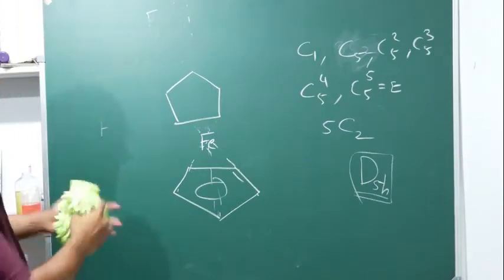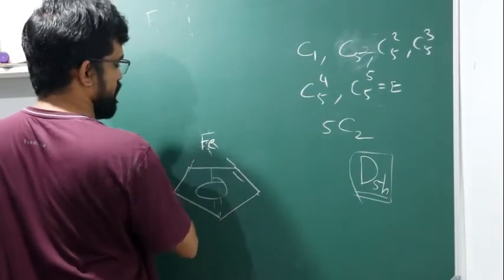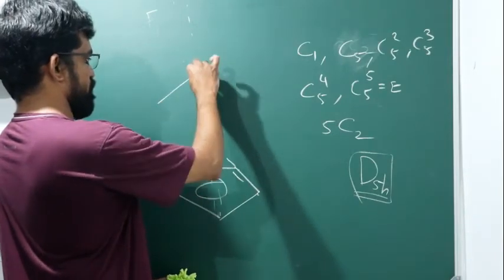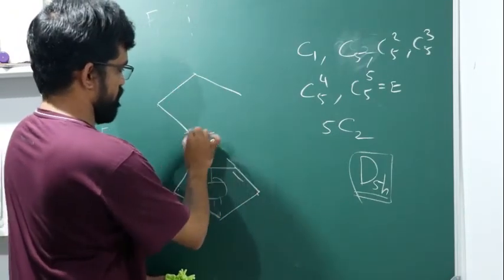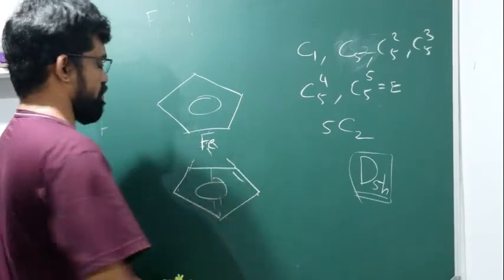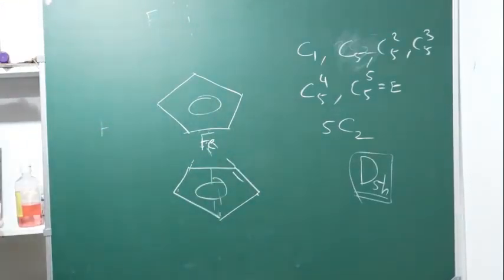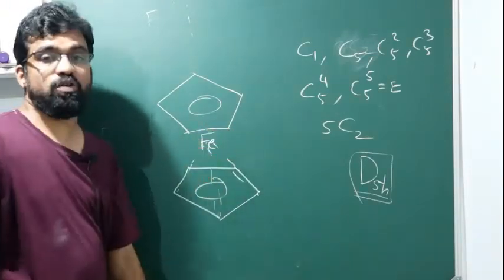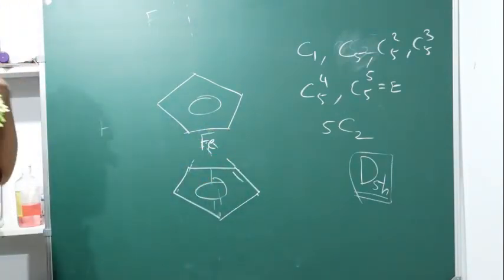I have drawn it in a different shape, right? This is the ferrocene in the staggered form, another conformation.